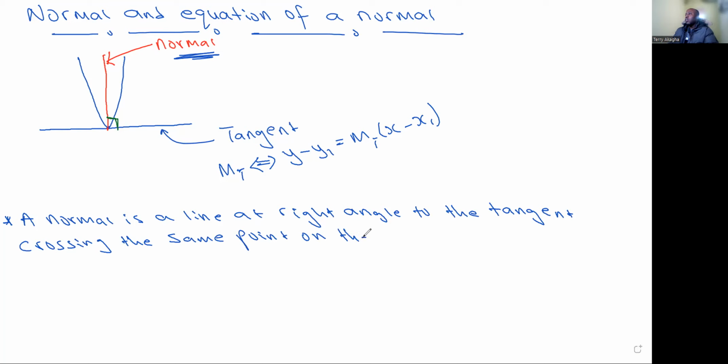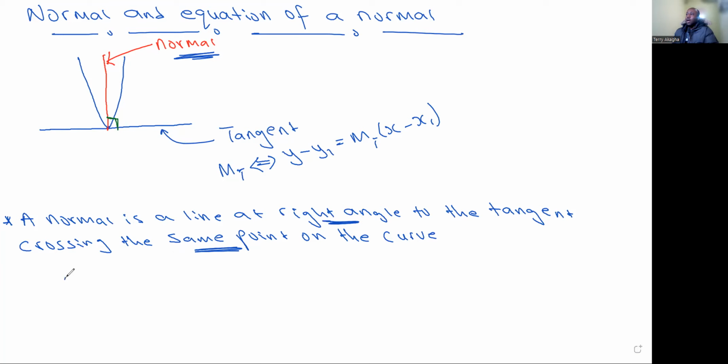For it to be normal, it must be at right angle to the tangent. The key is it's at right angle to the tangent, and it's going to cross at the same point on the curve. So the normal must have a perpendicular gradient to the gradient function.